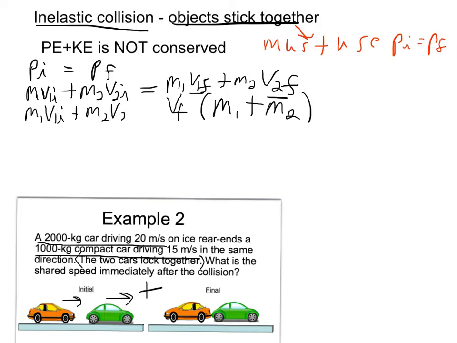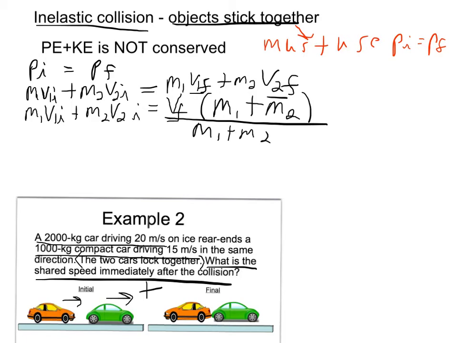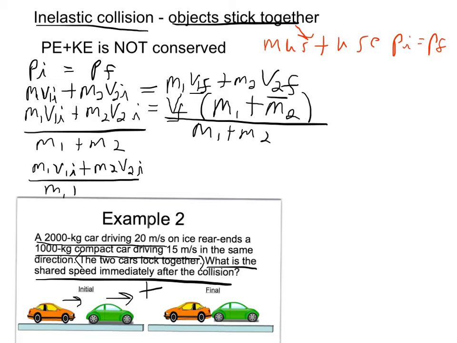m2 v2i. We are finding the shared speed immediately after the collision, so that's v_f. Let's get v_f by itself: m1 plus m2, so m1 v1i plus m2 v2i over m1 plus m2 equals v_f. Now I'm going to move this over here just for space.